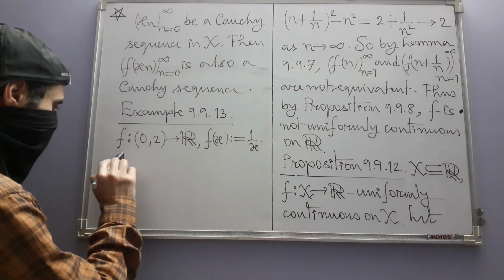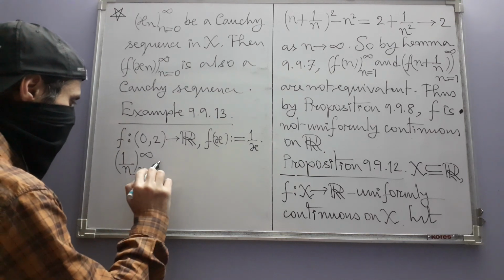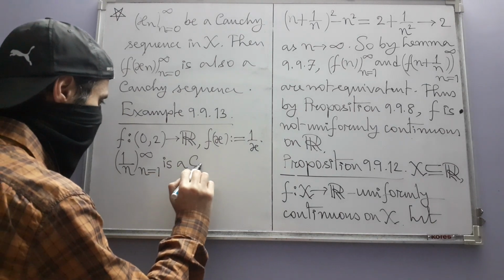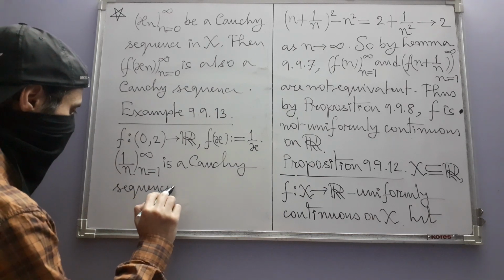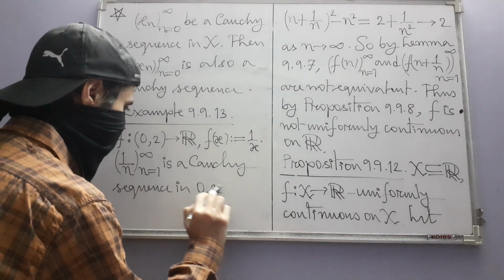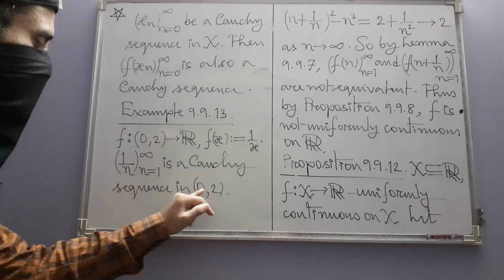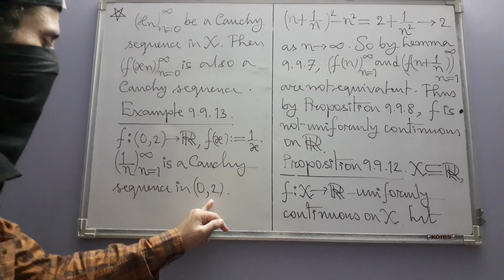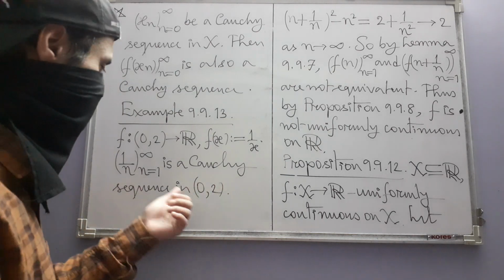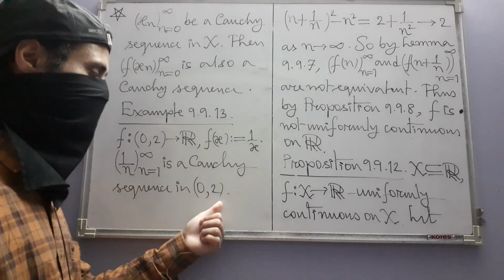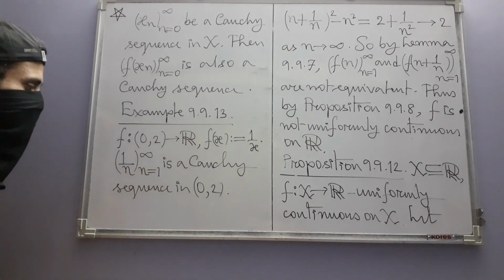That's it. We already know that this is a Cauchy sequence in 0, 2. You see, moreover, all the terms in this sequence actually belong to 0, 2. However, if you had 1 here, then that would not be the case, because the first term of the sequence in that case will not belong to this set. But we have taken 0, 2, so no problem.